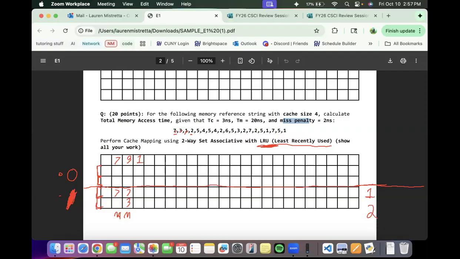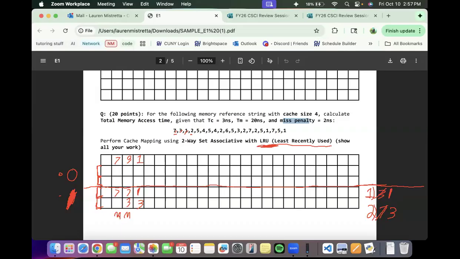I know that I had 7 here first, but once 3 came into the picture, it bumped the 7 down to the 2 spot. So when this 1 comes into play, the 1 is going to take the 7's position. Now the 1 goes in the first position and the 3 gets bumped down to the second position. That's how we're keeping track of the one that was least recently used.